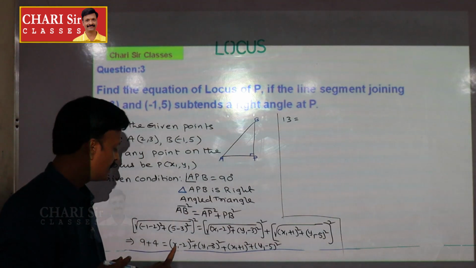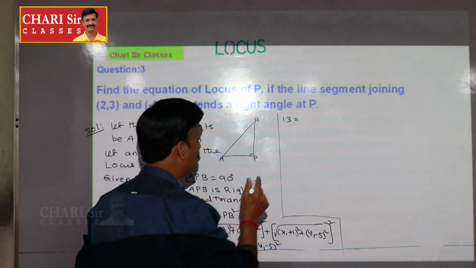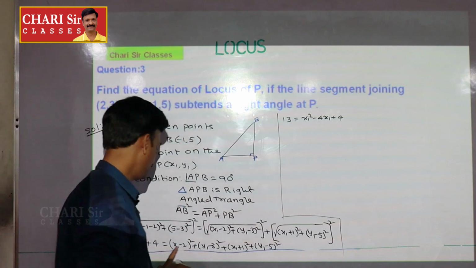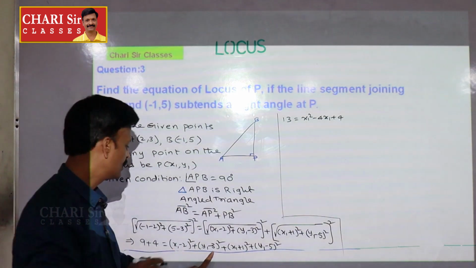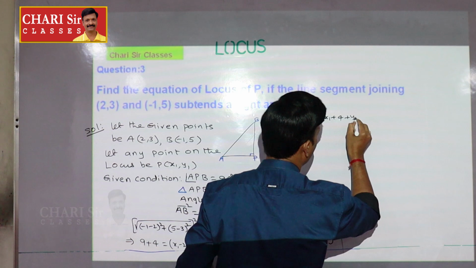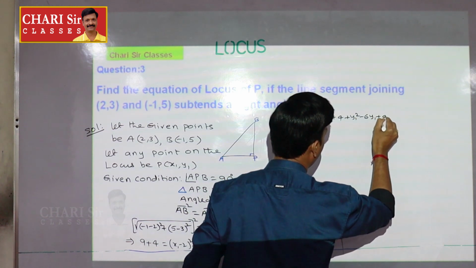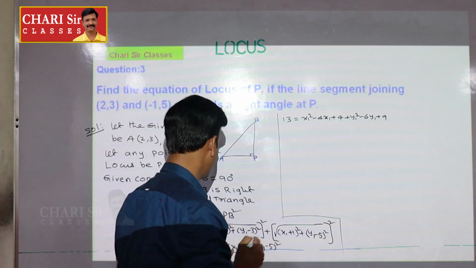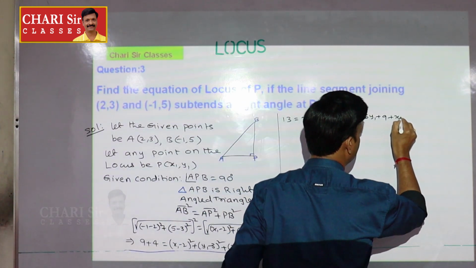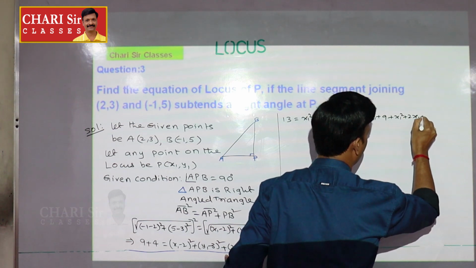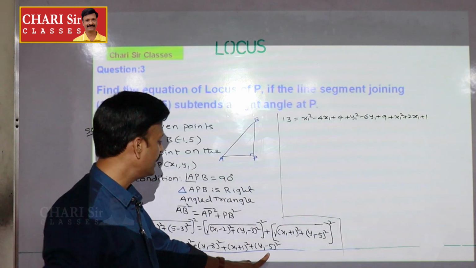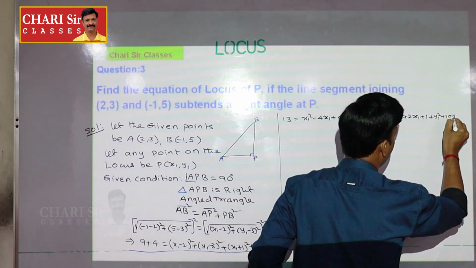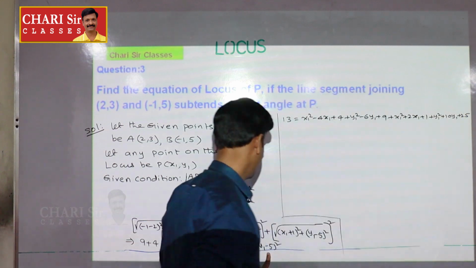We can expand this by using the a minus b whole square formula, that is x1 square minus 4x1 plus 4, and (y1 - 3) same a minus b whole square formula, that is y1 square minus 6y1 plus 9, plus (x1 + 1) whole square, which is a plus b whole square formula, that is x1 square plus 2x1 plus 1, and plus (y1 - 5) whole square, which is plus y1 square minus 10y1 plus 25. This is the expansion.